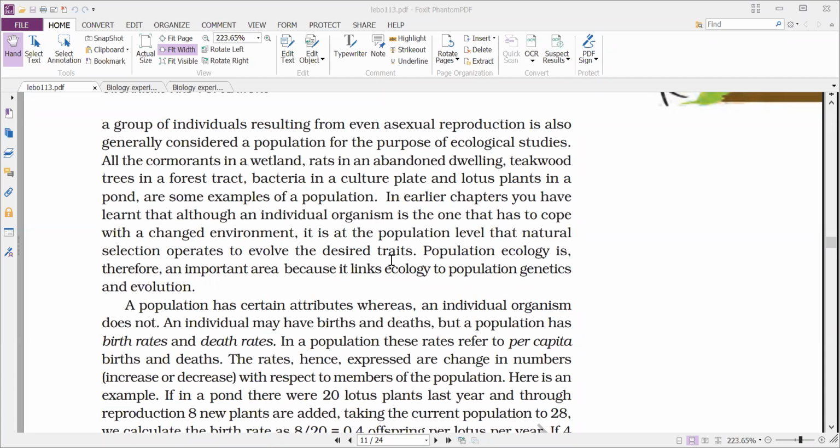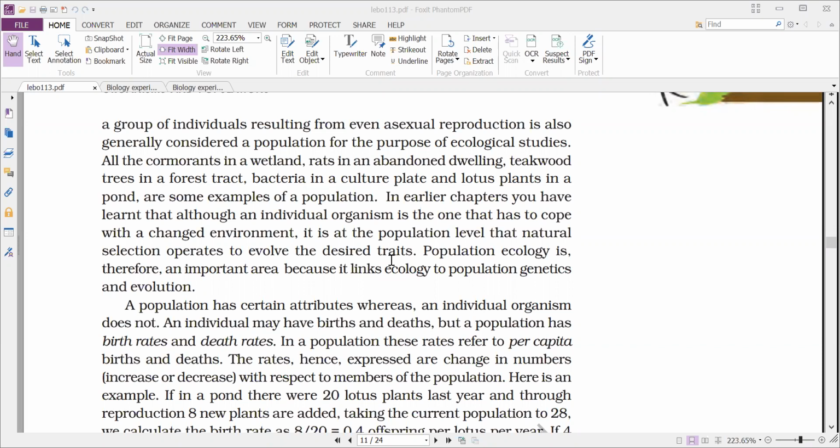Whatever changes are made in the environment, the organisms will undergo changes accordingly. Those organisms which are best suited to that environment will survive, and the other organisms which do not show changes according to the changes in the environment will be removed from that environment. That is called natural selection.